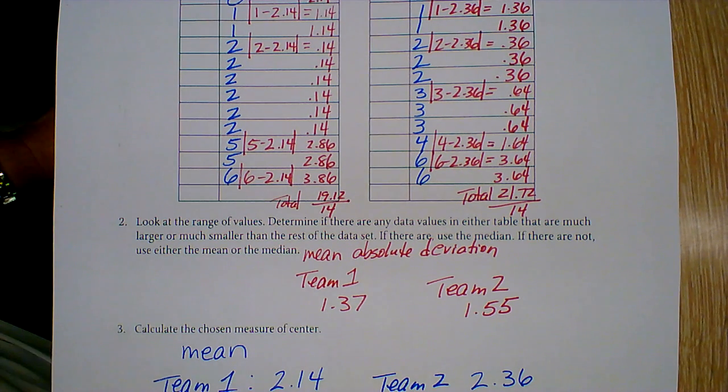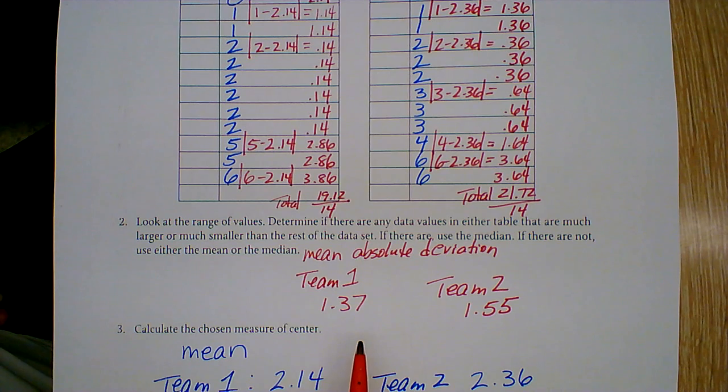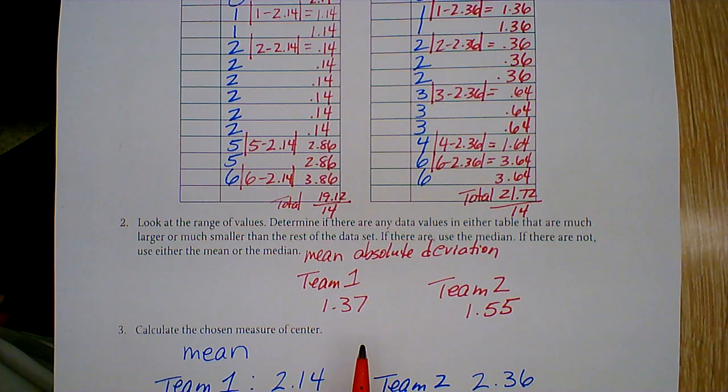So what does this tell us about our data? It says that team 1 has a slightly lower mean, but the number of goals scored per game also varies less than team 2, the Gliders. The Gliders have a higher mean, but also a higher variation.